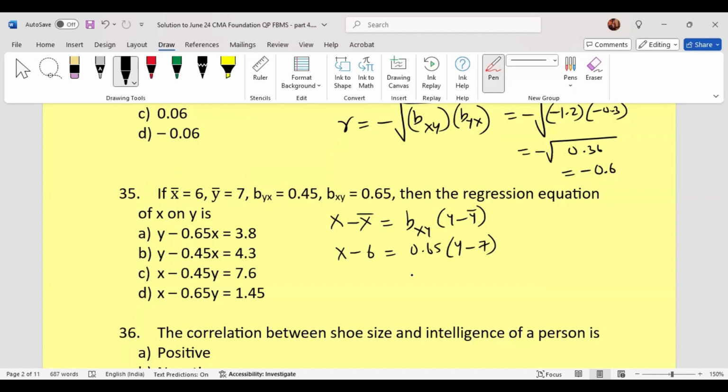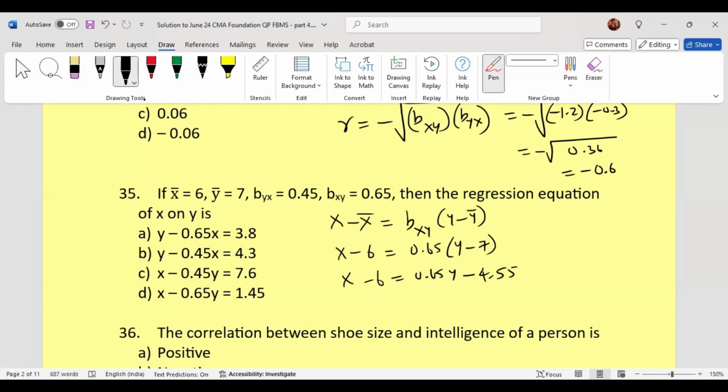So that means x minus 6 equal to 0.65 times y minus, if I multiply 0.65 into 7, we get 4.55.